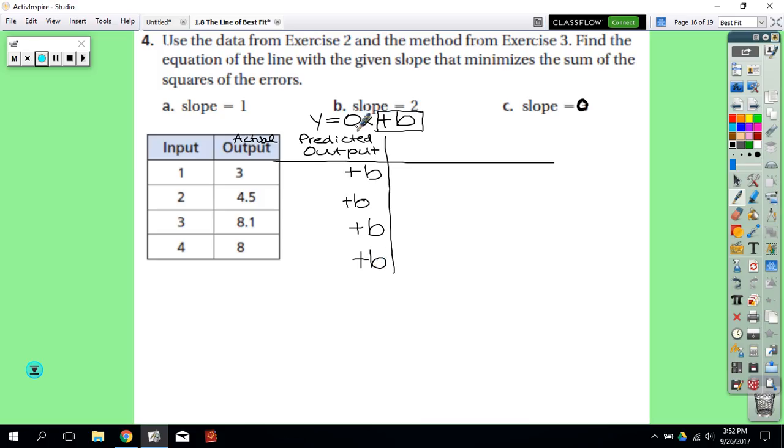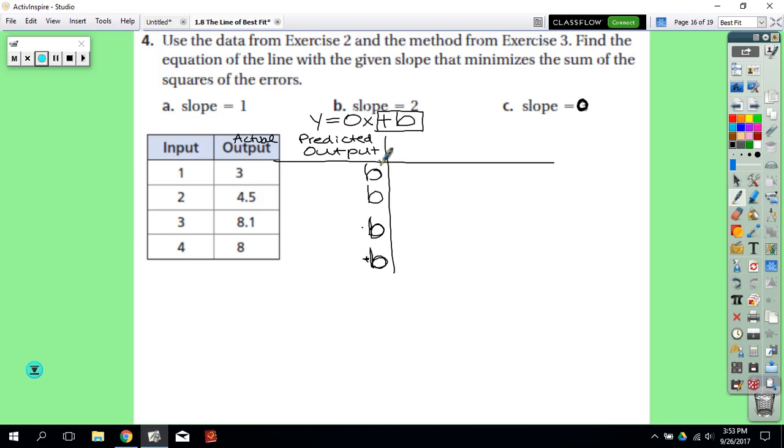The way that we get our value here is by taking the input times our slope. In this case, 0 times anything is always 0, so each one of these is just going to be 0 plus b, and you could even just think about them as b, right? They're all positive b, they're not negative b.